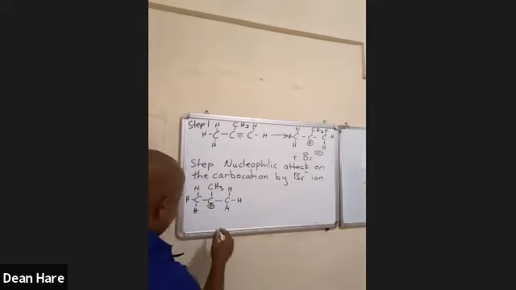So that's our carbocation, and we have our bromide ion.